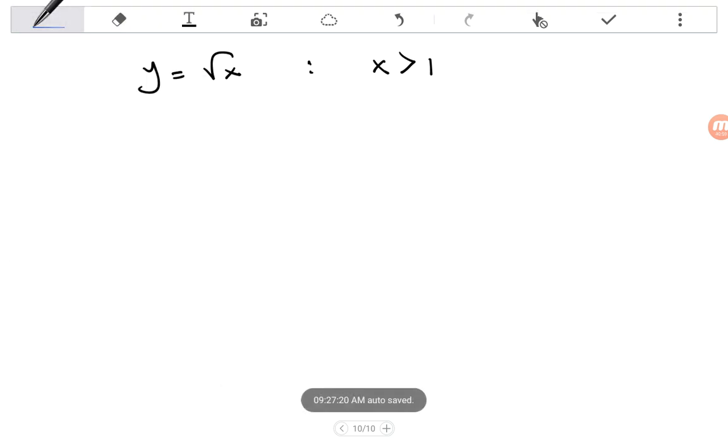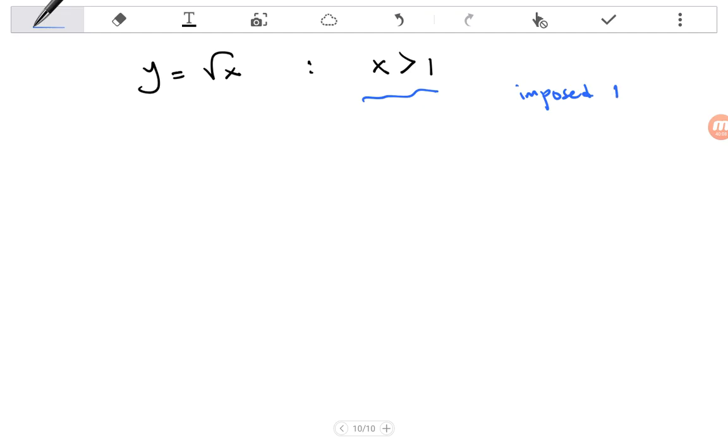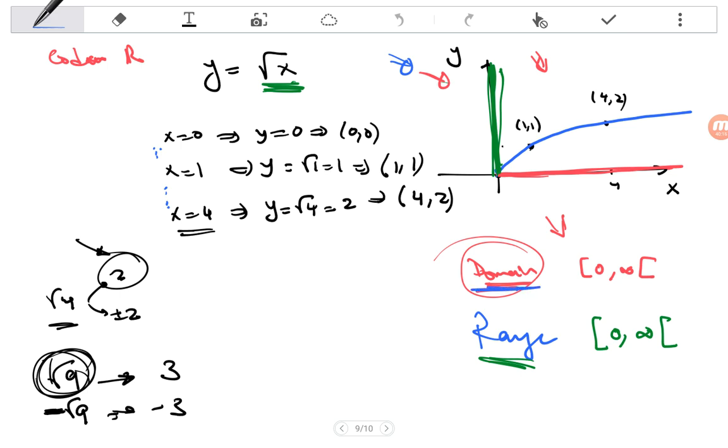If I give you that expression like this, it is called an imposed domain. The other one is called the natural domain of the function.